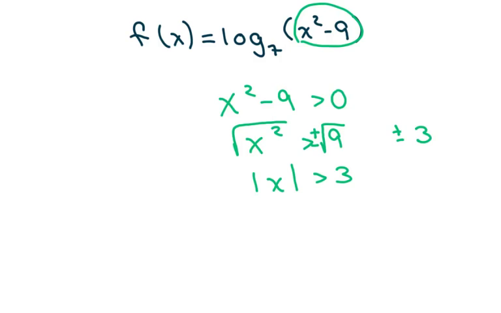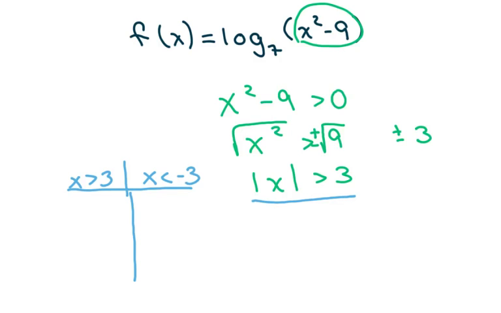Now if you recall for absolute value, remember in Algebra 2, if you have something like this, you have to split it up. You're going to get x is greater than 3, and then when you split up the other, this is a simple one, you get x is less than, and you have to switch the sign, negative 3. So basically we're going to go from negative infinity to negative 3, or, and that's your or statement, unites with 3 to infinity.